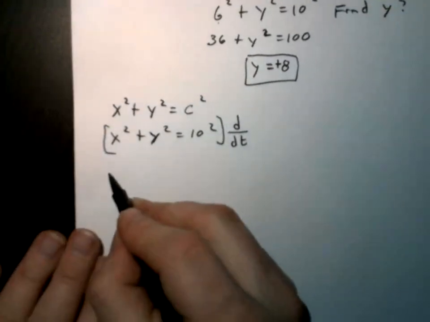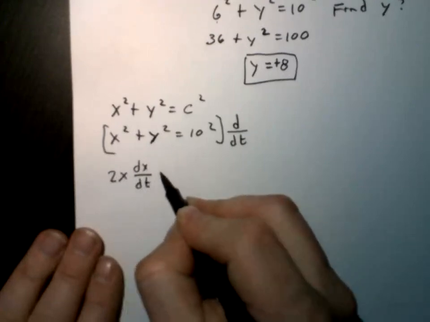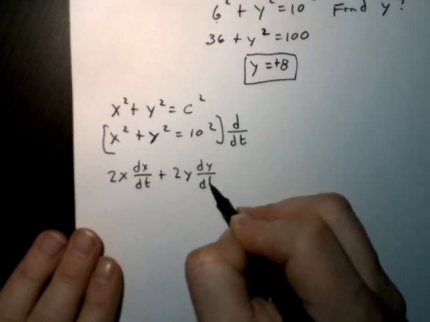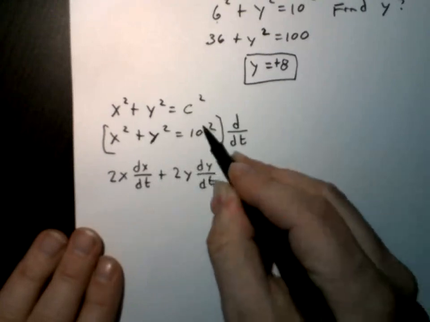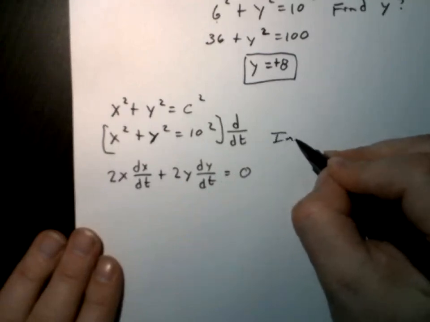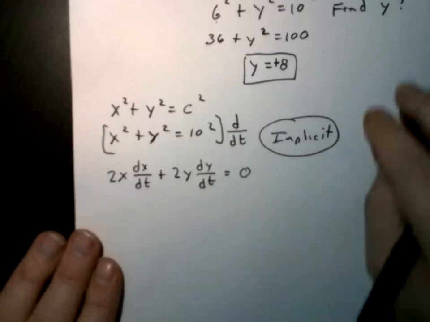If we do that, you get 2x dx dt plus 2y dy over dt, and obviously this is going to be 0. Remember, we are doing this implicitly. Implicit. Okay?